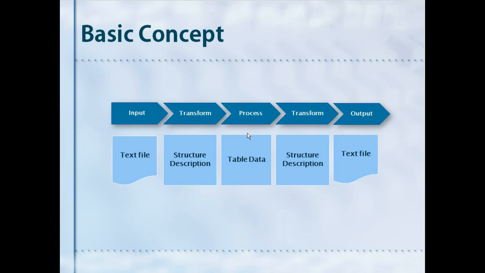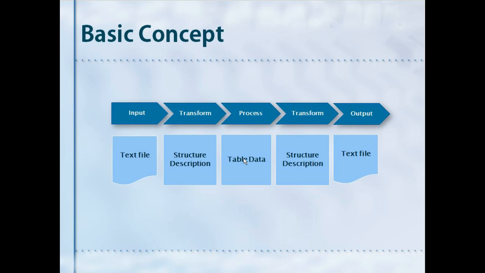On the table data, you can perform your operations, doing your analysis, and once you're finished, you can again apply the structure description the other way around and generate the output text file from the existing or modified table data.